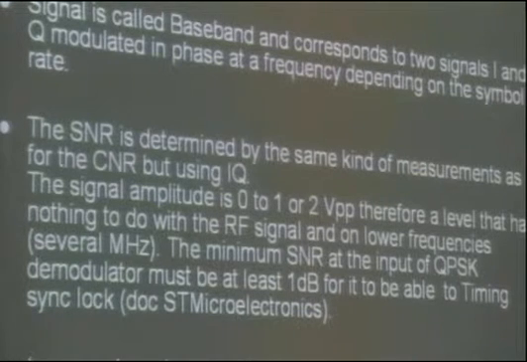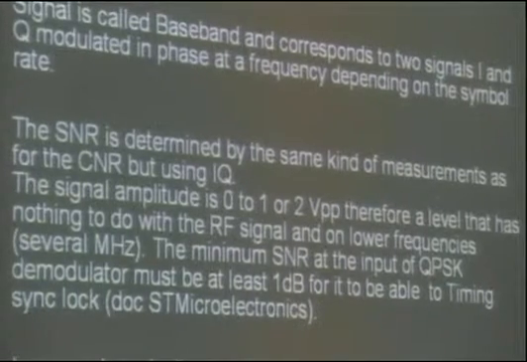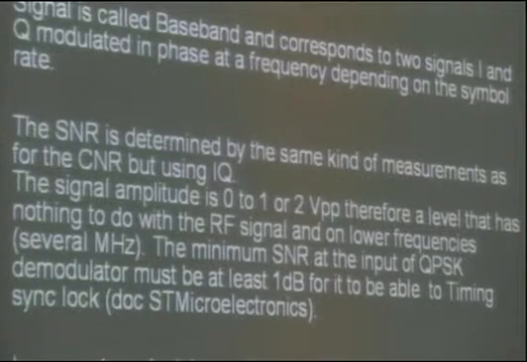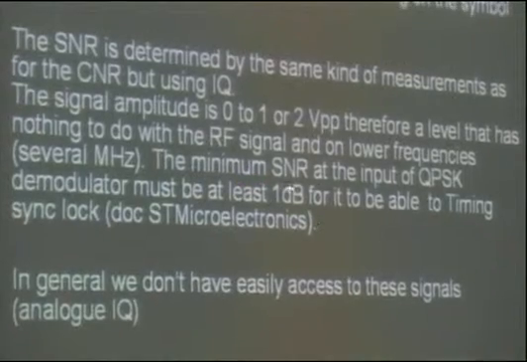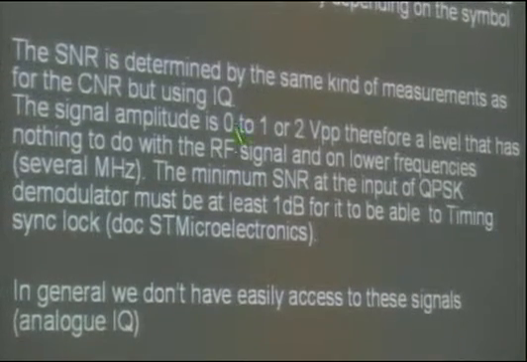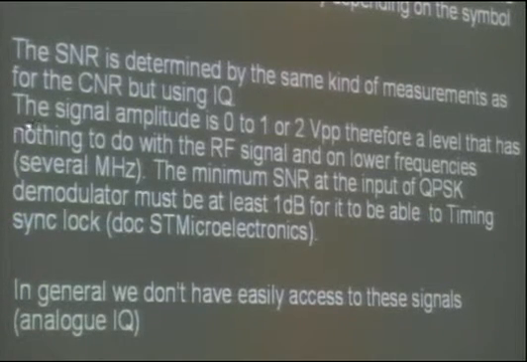There is a 3 dB option on the STB899 to amplify IQ. And the minimum SNR on IQ analog is 1 dB for the demodulator to be able to synchronize the clock, to synchronize on the timing on the SR, on the same rate.